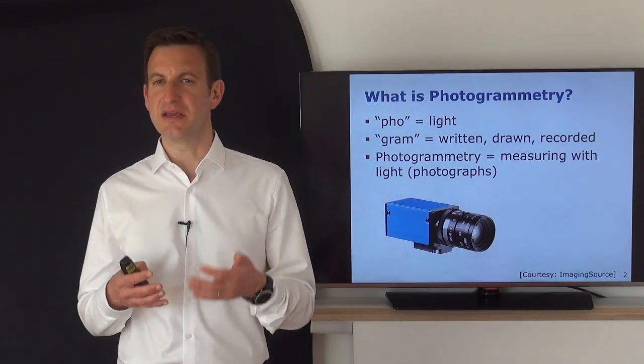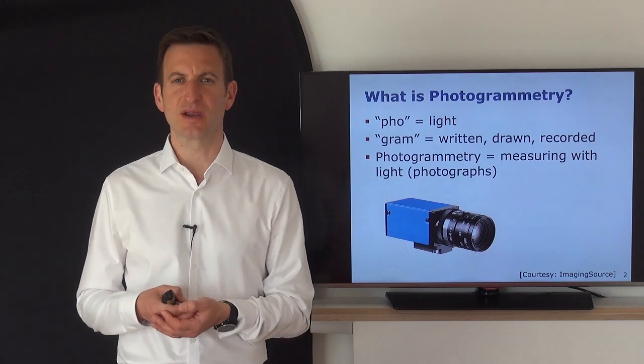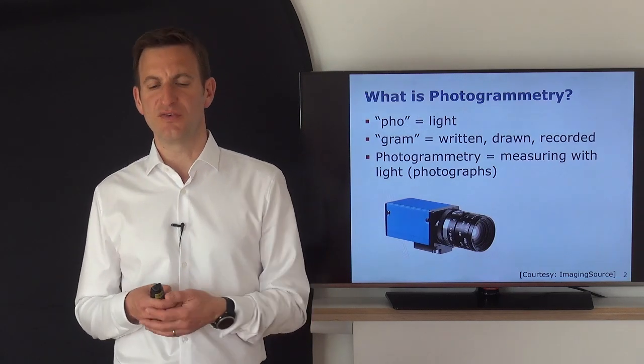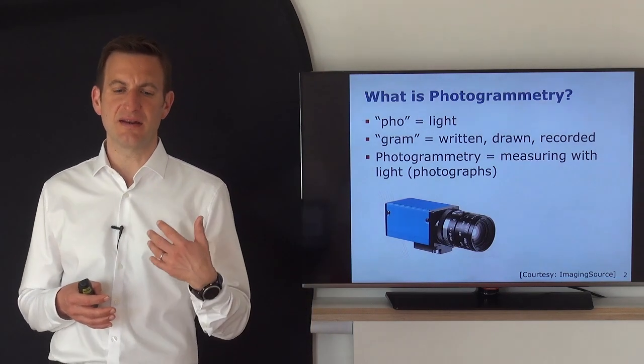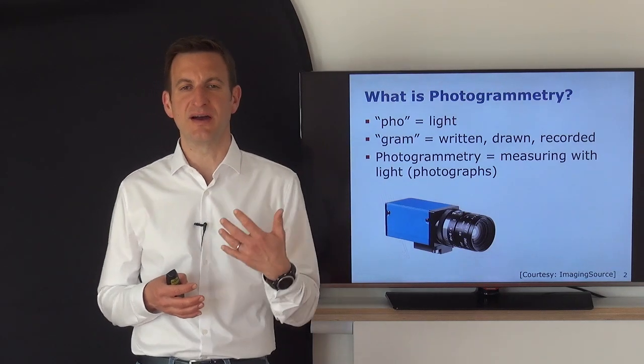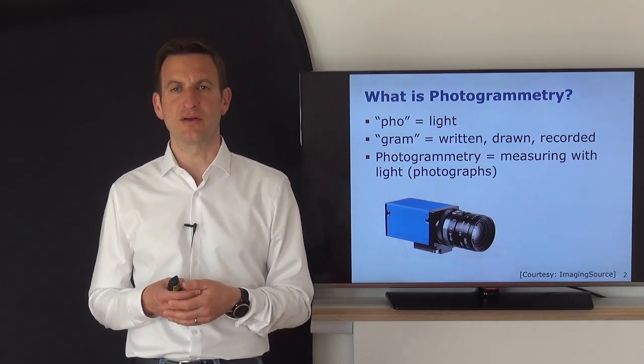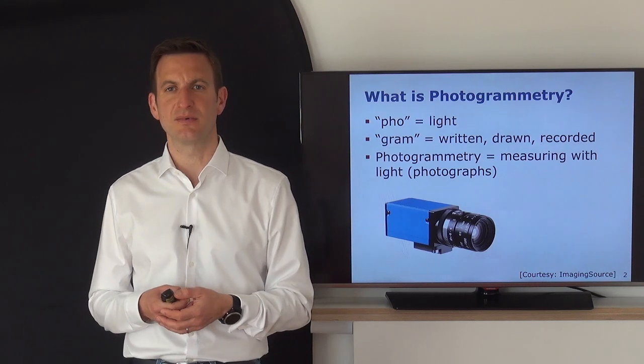And that means we are actually using cameras or camera-like sensors to perceive the environment and then use this as a measurement device to draw conclusions or perform estimation tasks.